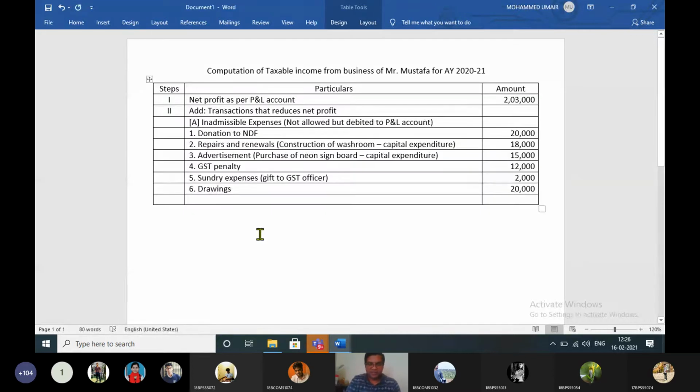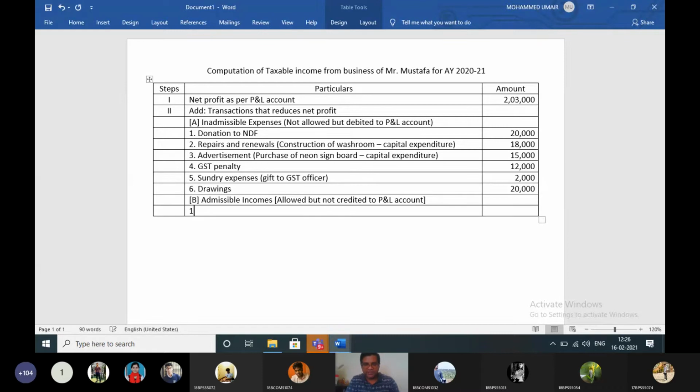Next heading will be admissible incomes. Allowed but not credited to P&L account. So if it's not credited to P&L account, it should be in the adjustments.